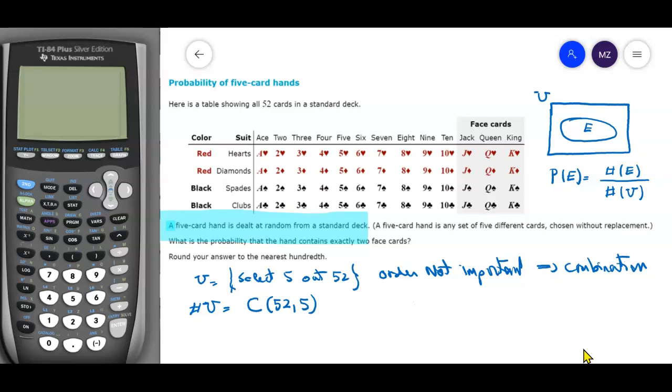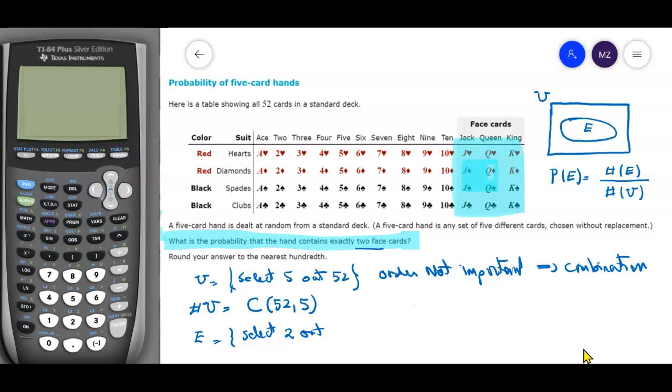Now we move on to the question. The question is, what is the probability that the hand contains exactly 2 face cards? So the event, I'm going to call it E. The event E is to select 2 cards out of the face cards.